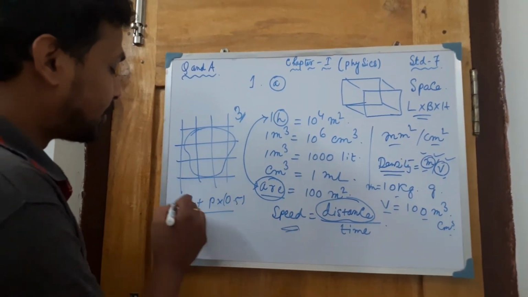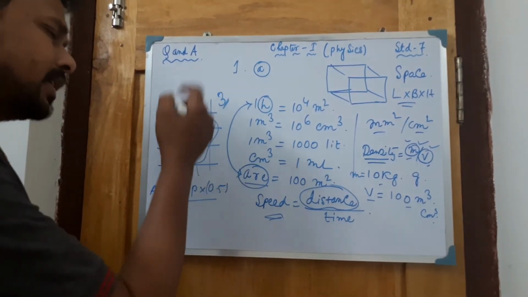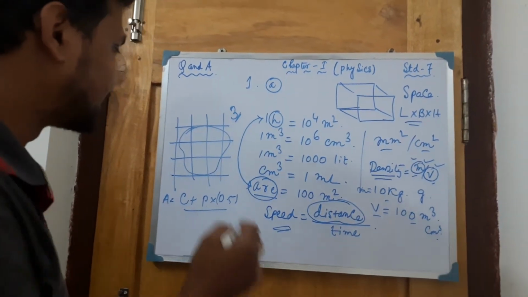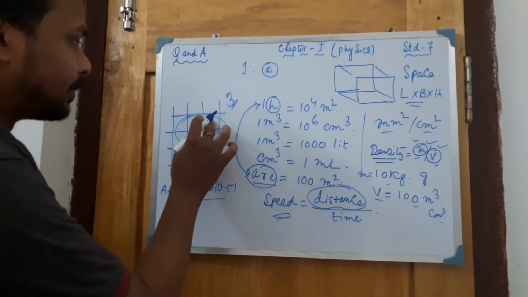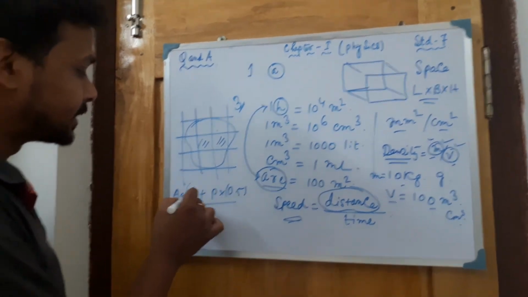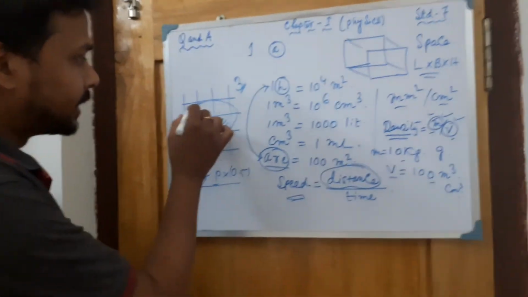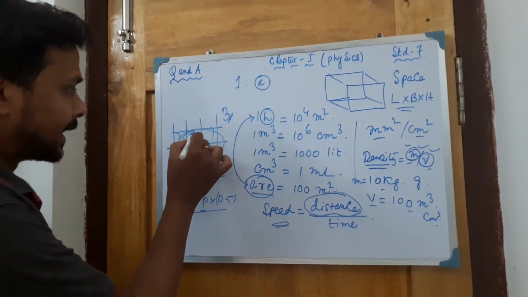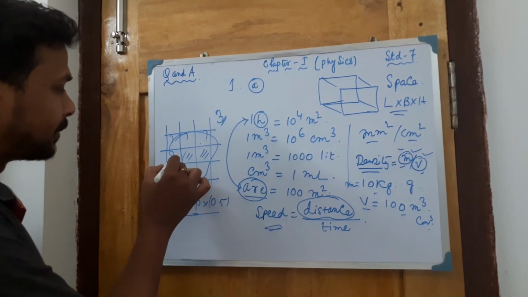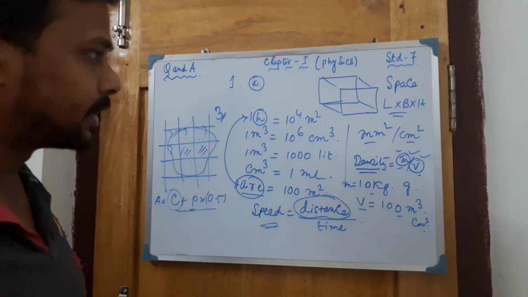This is the formula to calculate the area of an irregular body, the method I told in the online classes. Count the complete squares inside, that is the center portion, and the perimeter ones which are not complete, like this one, this one, and this one. Count all of these, then use the formula, and the result will come.